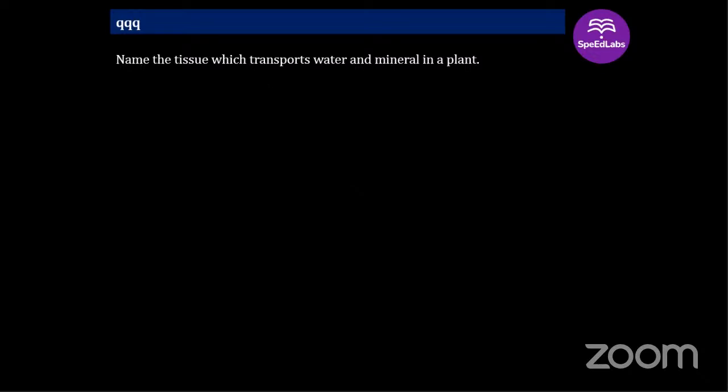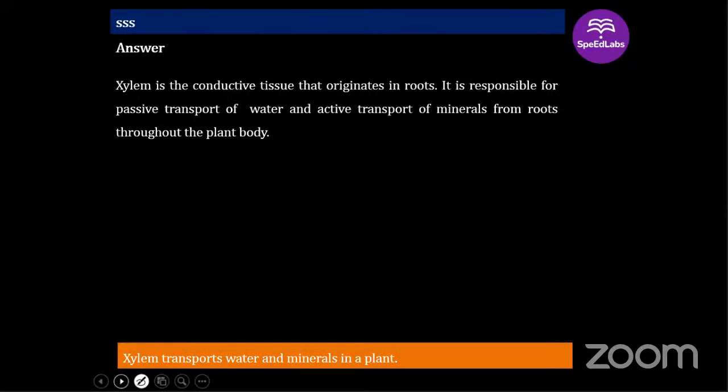This is an easy one. What will be the answer? Xylem. Right. Next question.